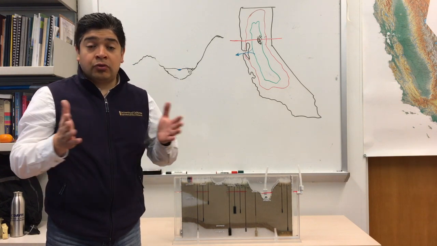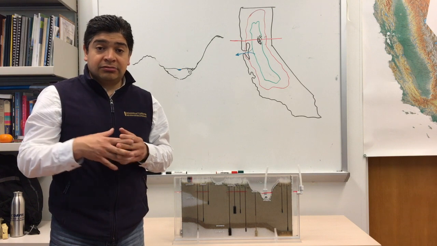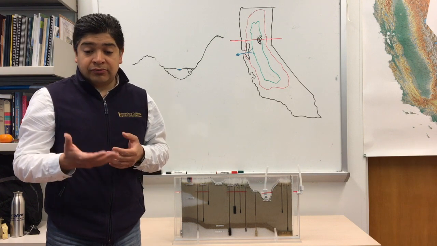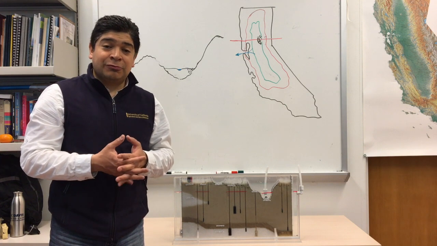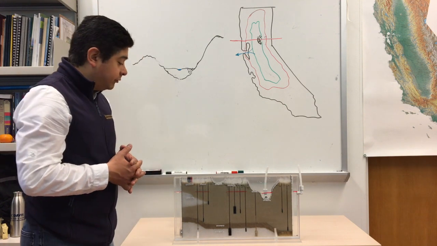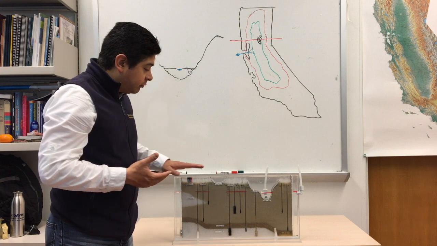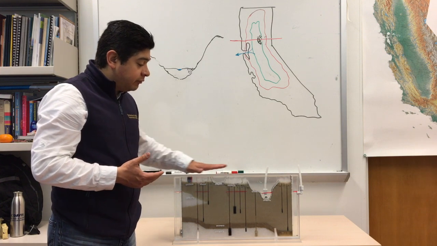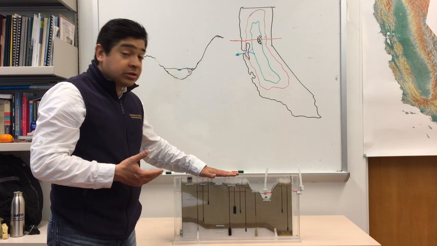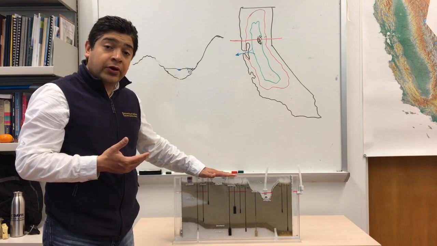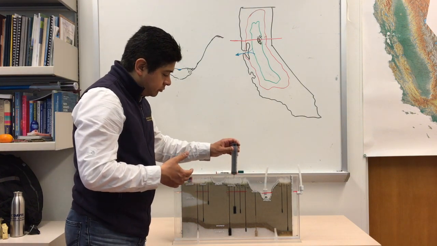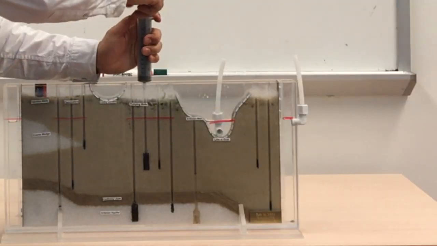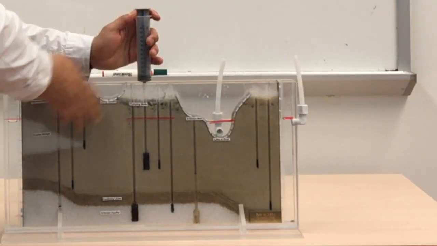Well, we use water throughout the year, but we use most of the water during summer because that's the part of the year where we're growing our food. The impact that we have on the land use will determine how much water we extract from the ground. So let's extract some water from the ground. In this case, I'm going to extract water from the upper aquifer.